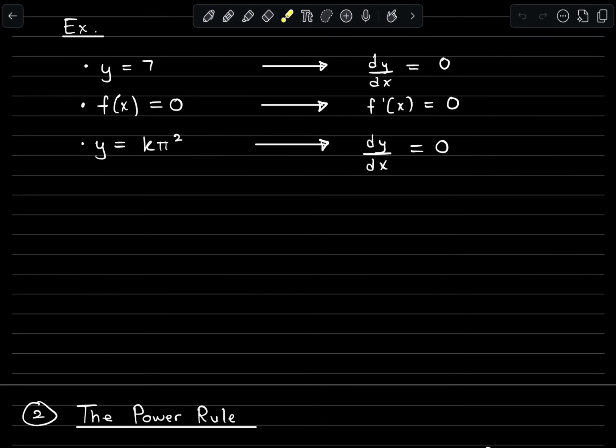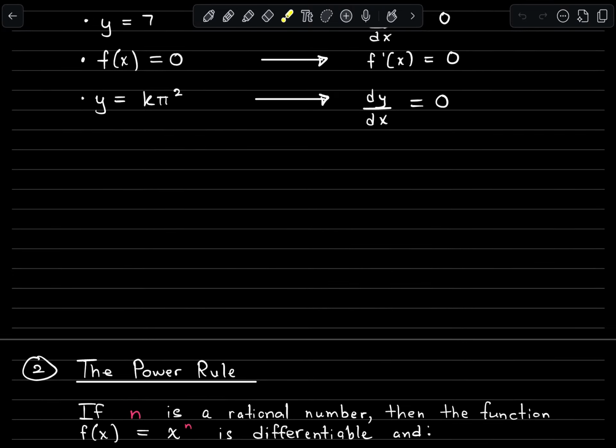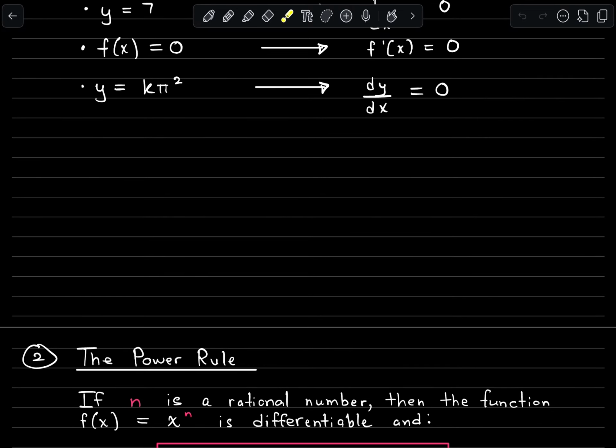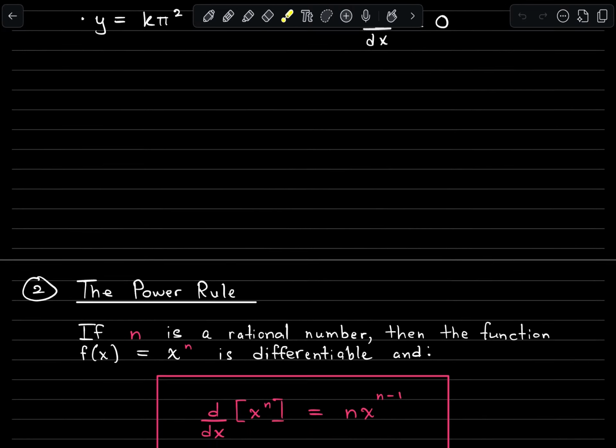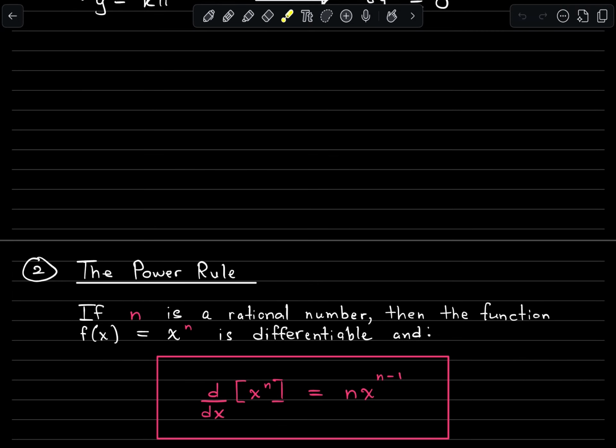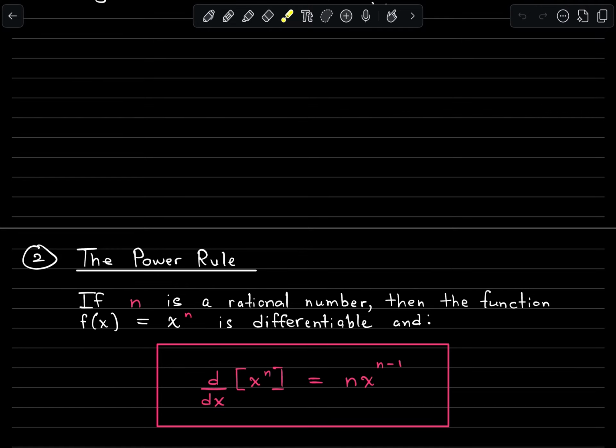Next up, the power rule. This is probably one of the most common and most useful rules. It says that if n is a rational number and the function f of x is equal to x raised to the n power is differentiable, that is, we can actually take the derivative of it, then the derivative with respect to x of x raised to the n power is n times x raised to the n minus 1.